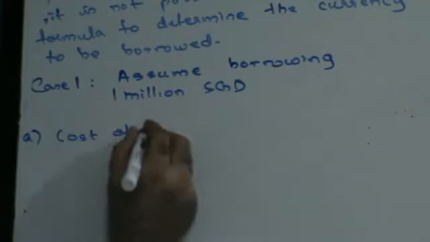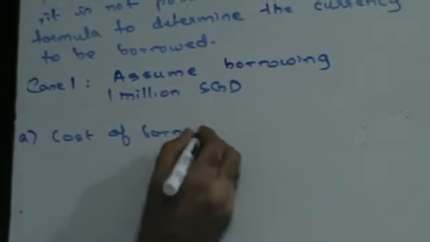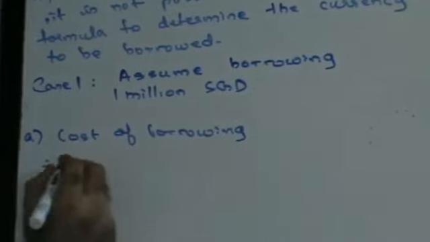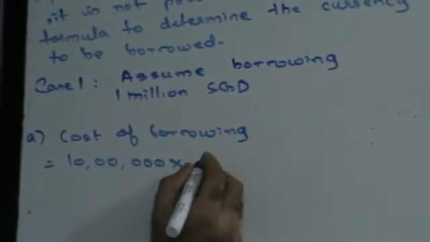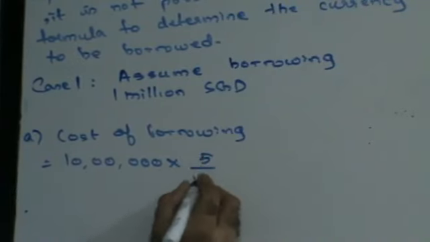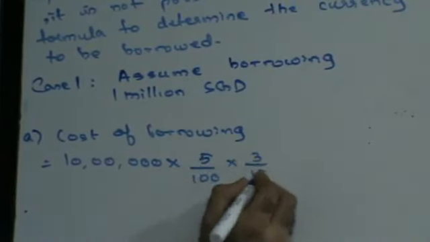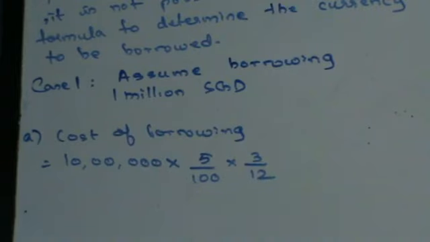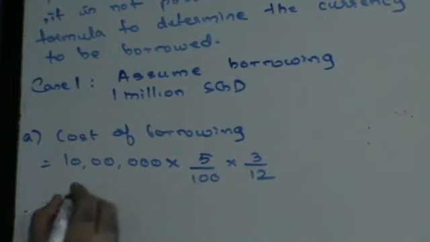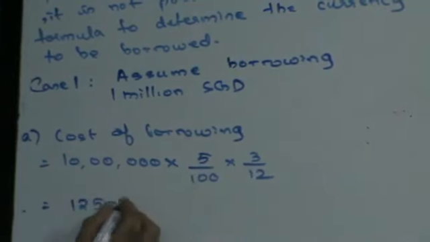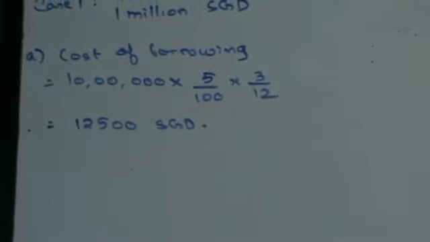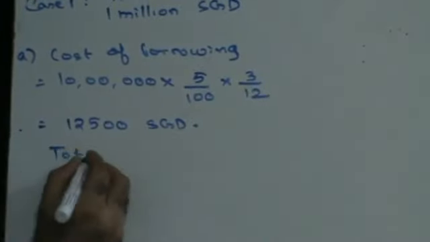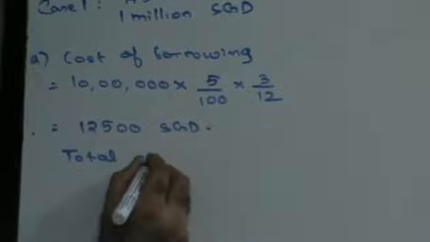The rate of interest in Singapore is 5%. I'm borrowing for 3 months because I have the 3-month forward rate. So my cost of borrowing is 12,500 Singapore dollars.